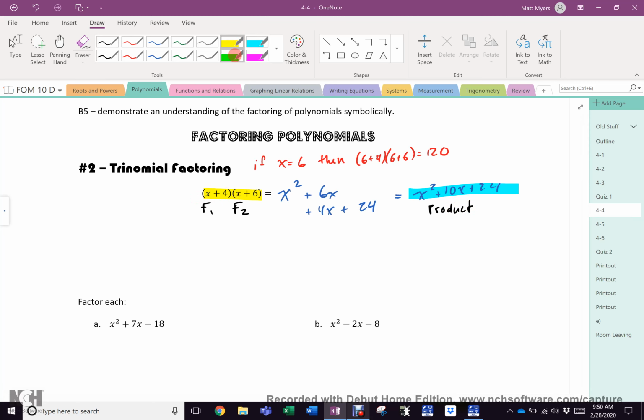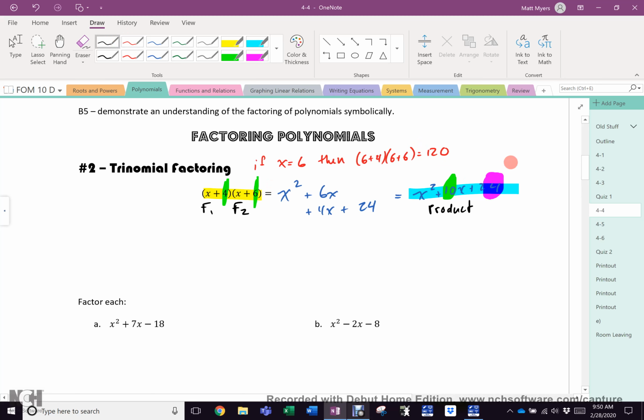What's the relationship between 4 and 6 and 10? They add to get 10, don't they? What is the relationship between 4 and 6 and 24? That one's multiply, yes?